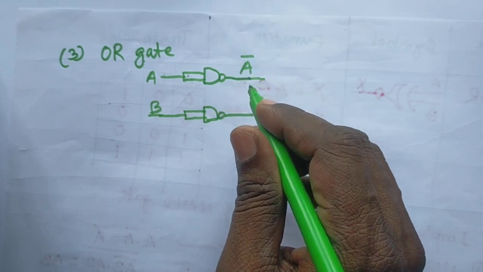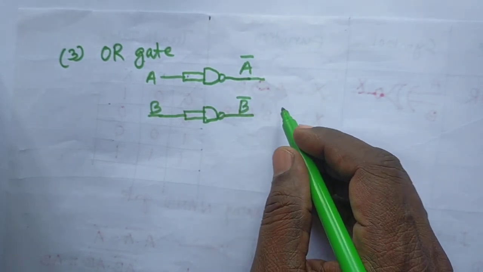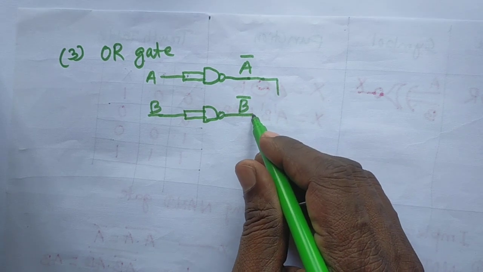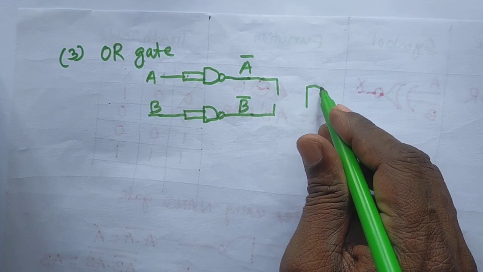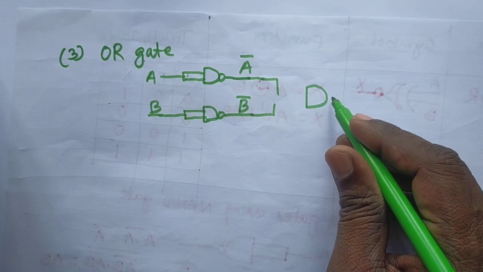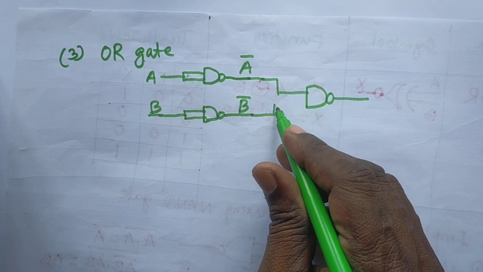This is A complement, here also B complement, in a very simple way. So now we see, again we consider another NAND gate defined in this way.